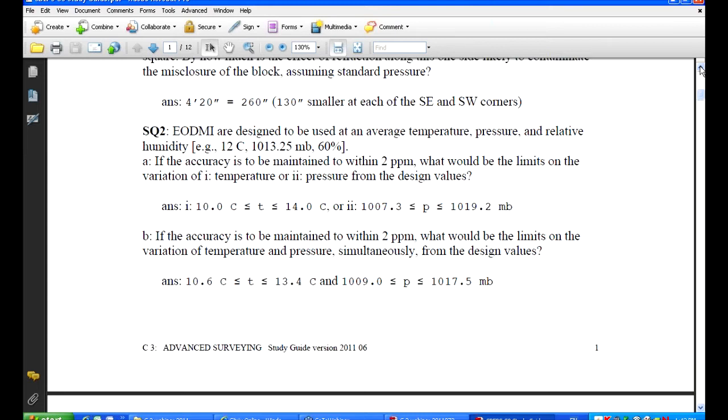Now, in some of the examination questions it has said, for instance, if you have to keep things within, say, 2 parts per million, and that 2 parts per million, or the refractive index, is calculated by taking temperature and pressure at each end and averaging it, then you have a factor of root 2 coming into it. So the comment was correct in the context of what would likely have been the question in an exam. Does that make sense?